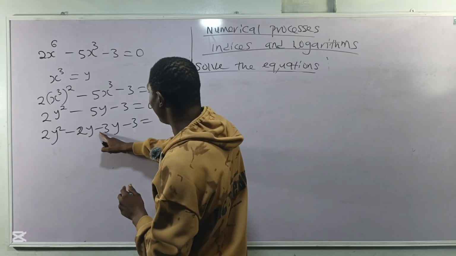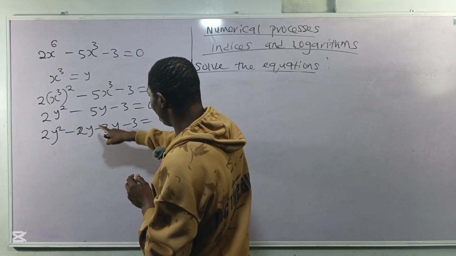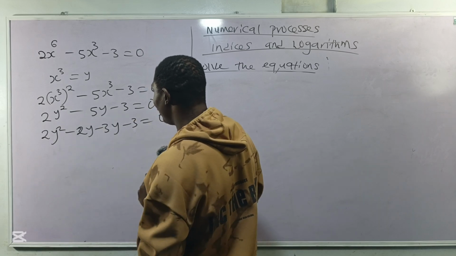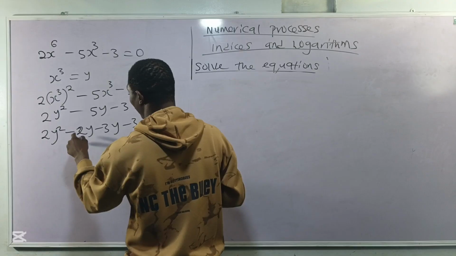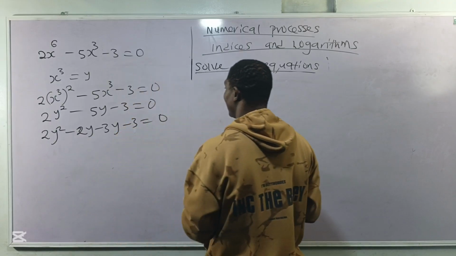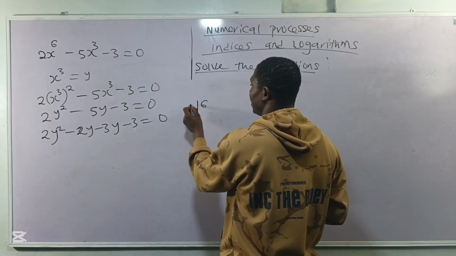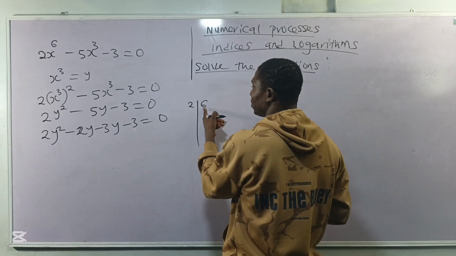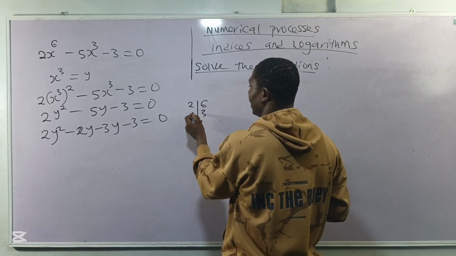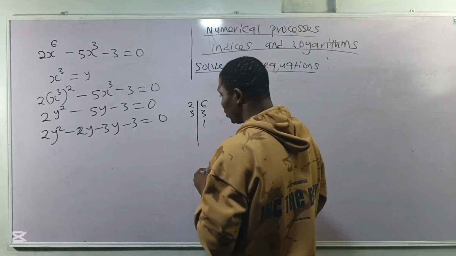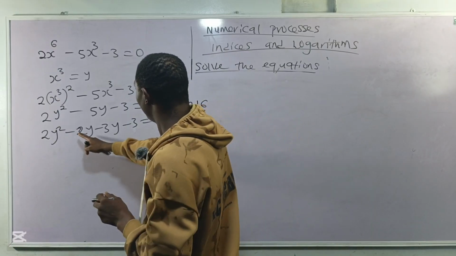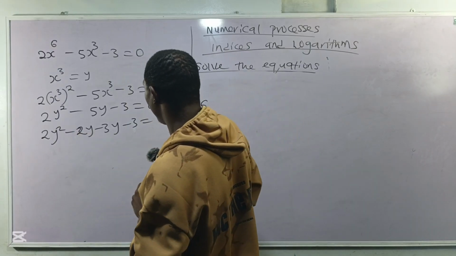Minus 2y minus 3y will give me minus 5y, but the product gives plus, and this is minus, so I can't use that. So let's check. 2 times 3 is 6. So if I have 6 here, 2 into 6 will give me 3, and 3 into 3 will give me 1. So I can simply use 6 and 1, since 2 and 3 didn't work out.